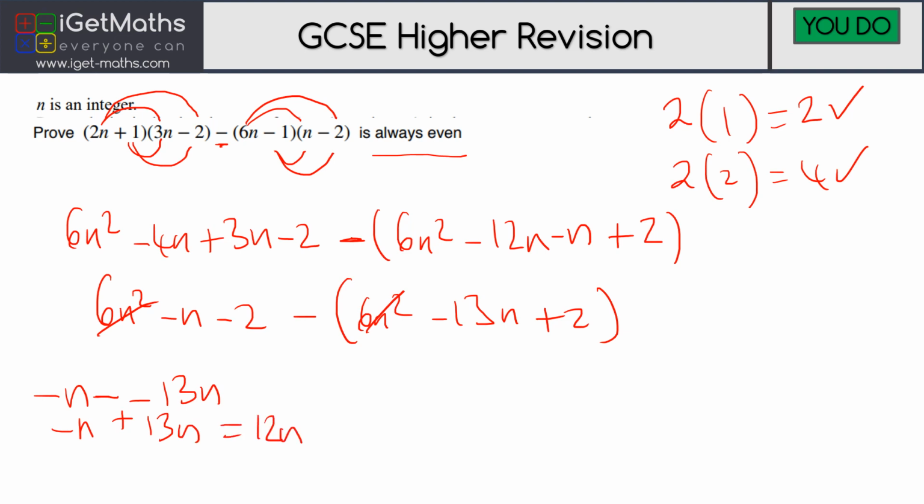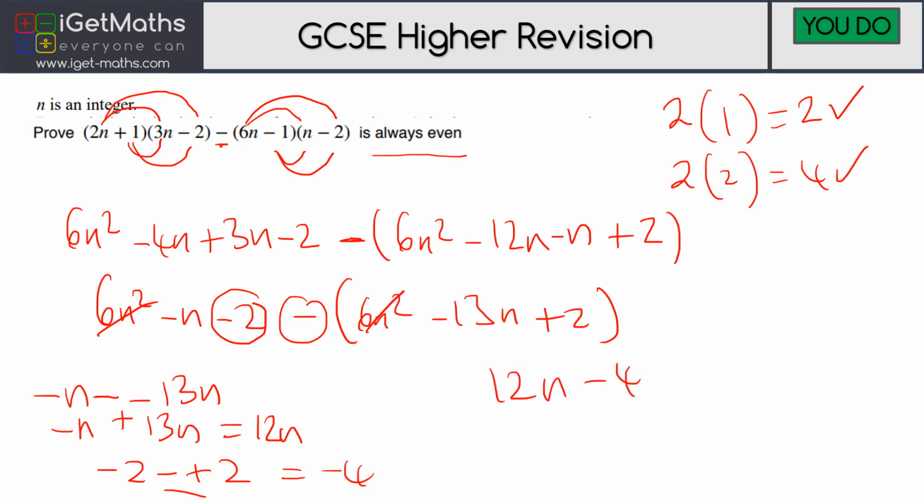And then we've got minus 2 minus a plus 2. And remember, a minus plus a 2 gives us a minus, so that gives us minus 2 minus 2, which gives us minus 4. So we've got 12n minus 4, and we can factorize this to take out a 4 from each.